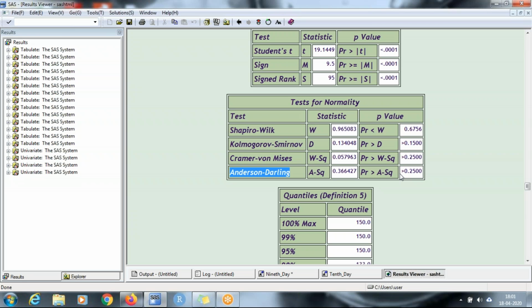Then the standard would be 0.05, so we will compare the value on that basis. This is more than 0.05, which means we will accept the null hypothesis.